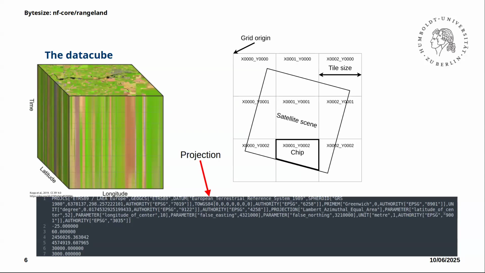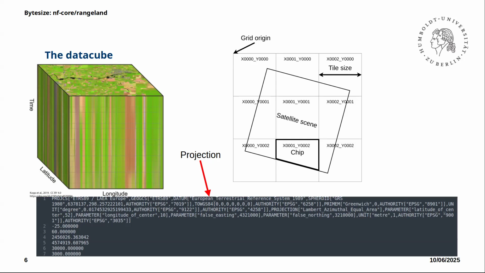Don't be scared of this huge string. This is the projection. I've not talked about it. So what you have to imagine is that we process data here from a three-dimensional object, which is the Earth, which has a curvature and which is not flat. And we put this onto a two-dimensional map. So we need to have a way to project this onto this two-dimensional map.